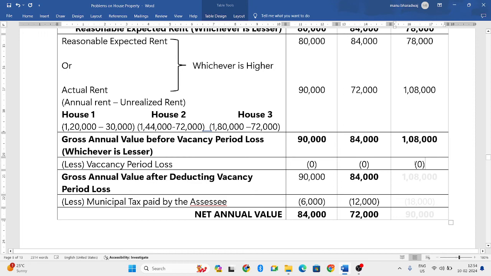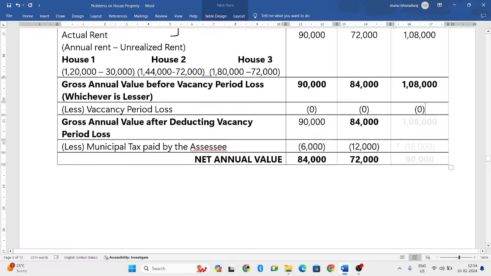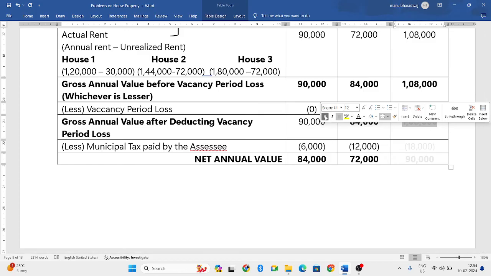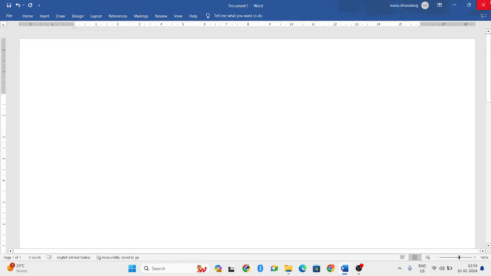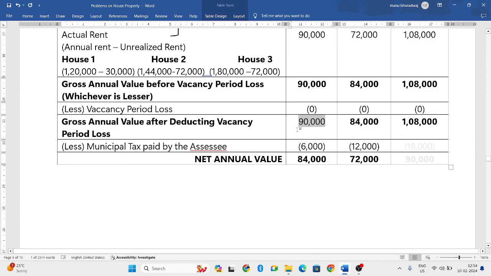They have not mentioned anything about that in the question. So it will be 0. So the remaining balance will be 1,08,000. That 1,08,000 will be GAV after deducting vacancy period loss.